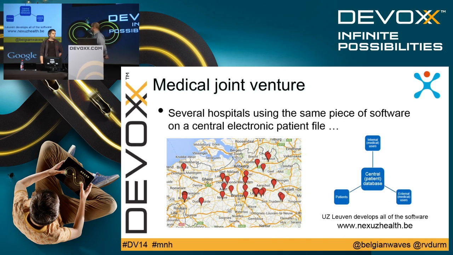So centrally we have a patient database, and we develop software for our internal medical users, also for external medical users, so for doctors who are all over Belgium or the world, and also for our patients. We have a patient portal.